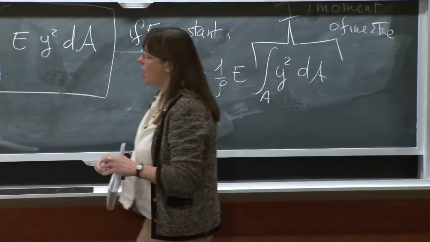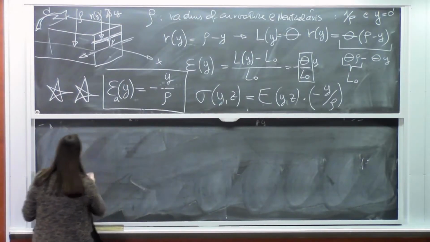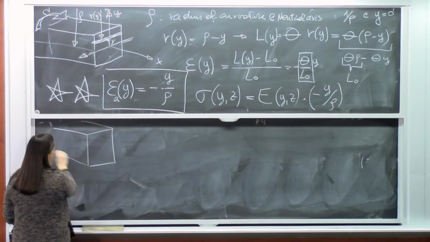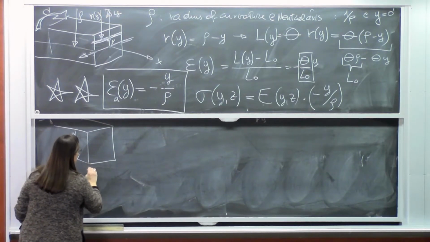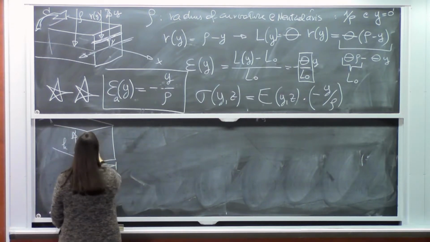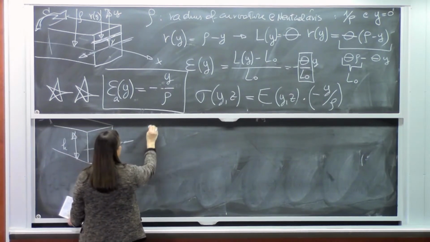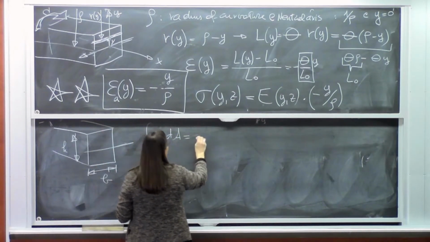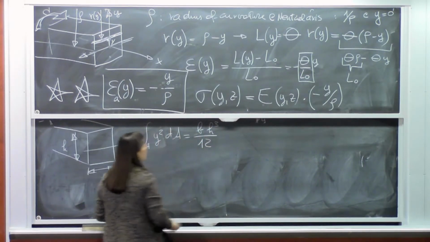So if you take a cross-sectional beam that is a rectangle, and this is h, as we were saying, and this is b, and if I take the y at the middle of the cross-section, so this is symmetric, and if I do the integral over the area of y squared dA, I find that this is equal to b h cubed over 12.